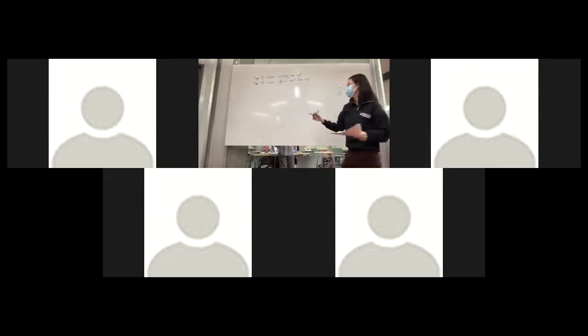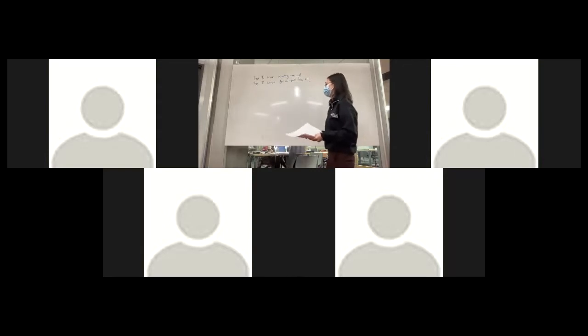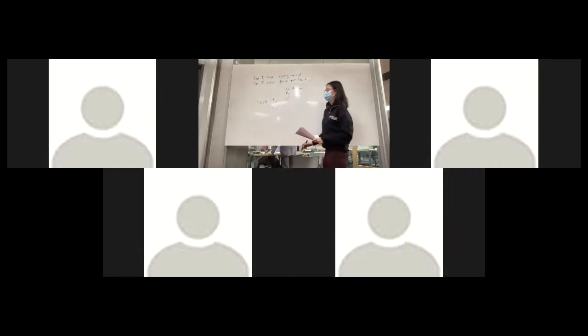A very simple way to visualize type 1 error and type 2 error is that, let's say here is the truth, and here is our decision. When the truth is H0 and our decision is H0, our decision was right.